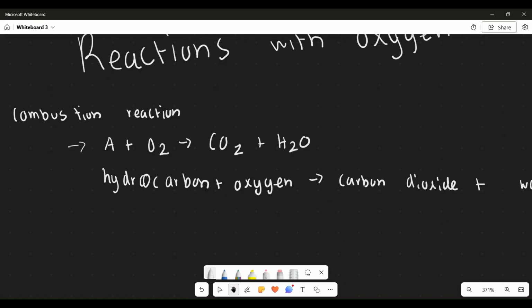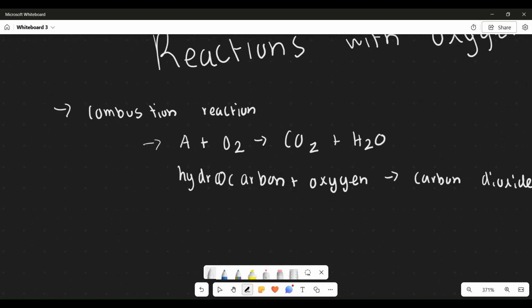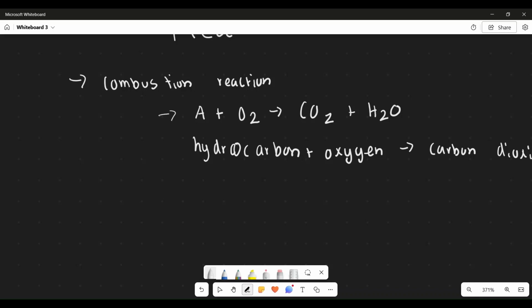So this is the gist of combustion. An example of this is butane plus oxygen.